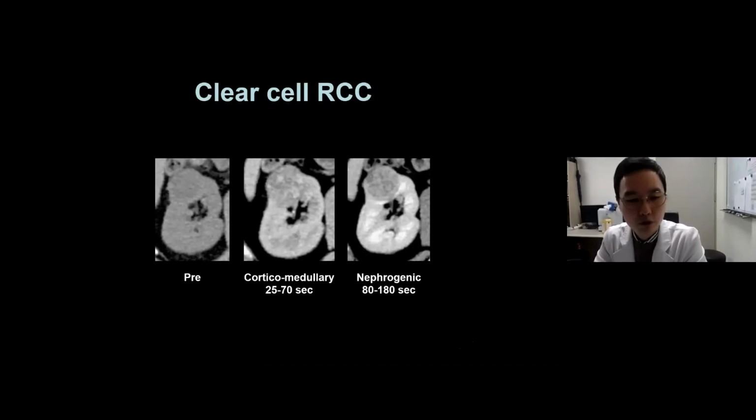So the nephrogenic phase, which is at more than 100 seconds, can be a more sensitive phase for the detection of these lesions, because in this phase, the renal parenchyma enhances more homogeneously than the tumor itself.